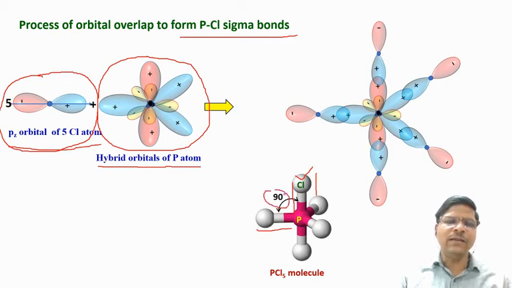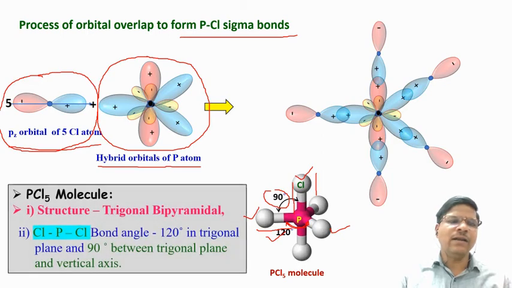While if you see the phosphorus atom and the chlorine atoms in the trigonal plane, this angle is 120 degrees. So in the PCl5 molecule, we get two bond angles, one is 90 degrees and another is 120 degrees. The structure is trigonal bipyramidal and the bond angles are 120 degrees and 90 degrees.